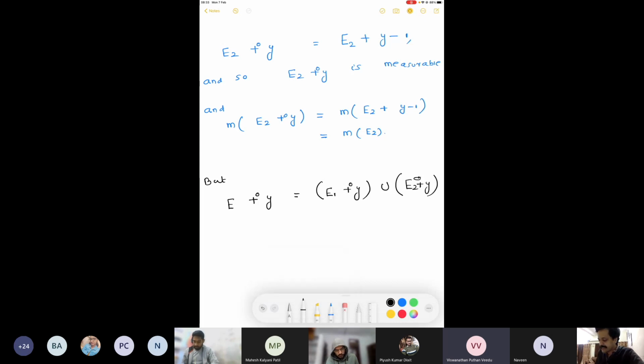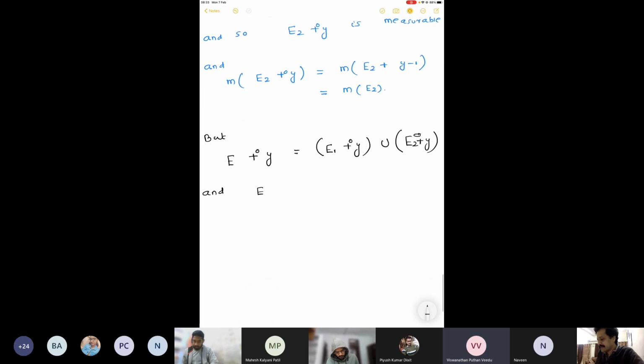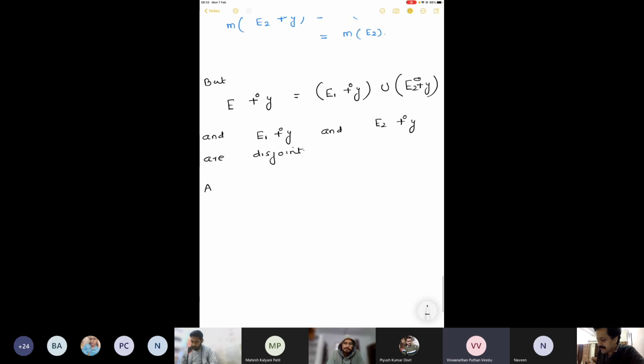E1 special translation y and E2 special translation y are disjoint. They are measurable, you have already seen. So you will get that E plus y is also measurable, being the union of two measurable sets.